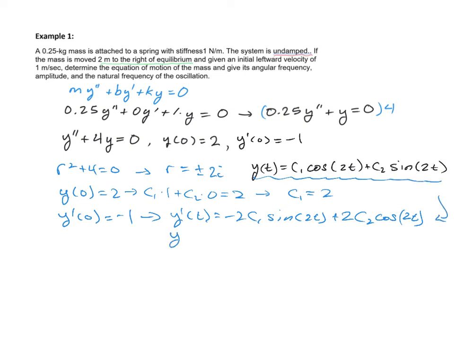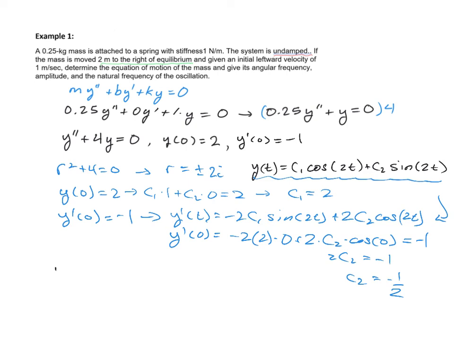We now substitute in y prime of 0. So that's negative 2 times our c1, which is 2, times 0, plus 2 times c2 times the cosine of 0, and that equals negative 1. So 2 c2 equals negative 1, so c2 is negative 1 half.